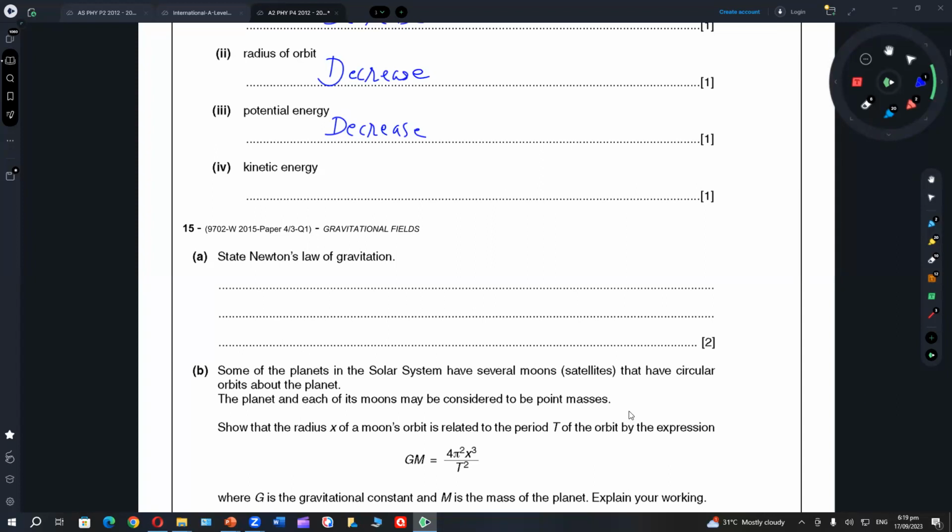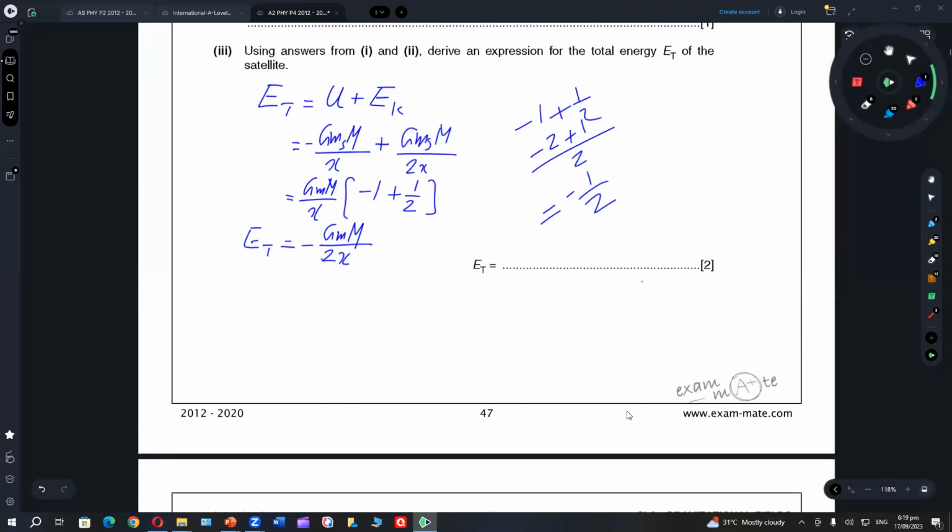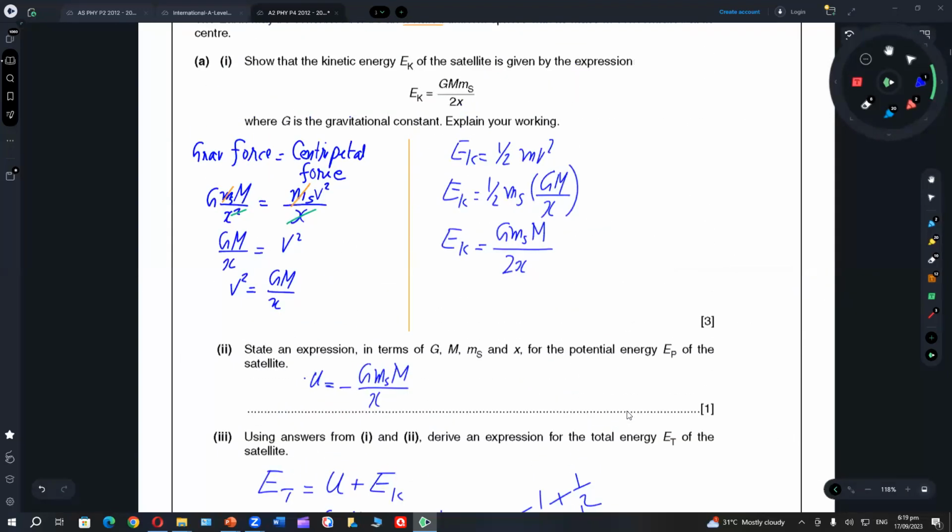What will happen to kinetic energy? Radius is decreasing. When you look at the formula, kinetic energy formula has no negative sign. X is the denominator and X is decreasing.